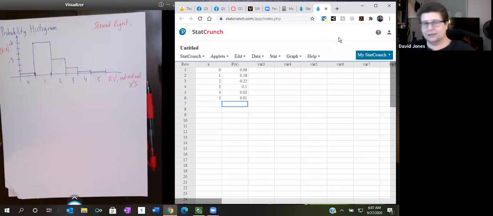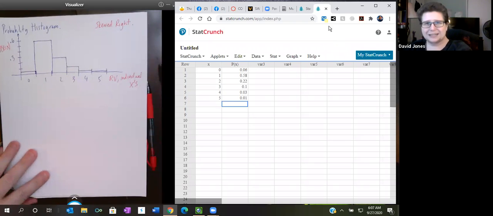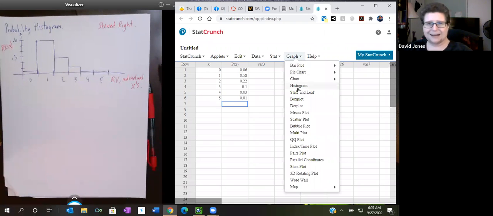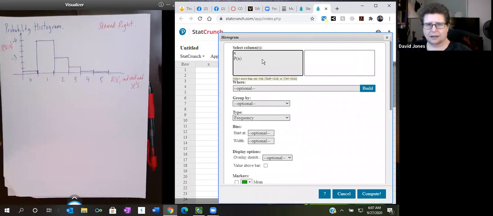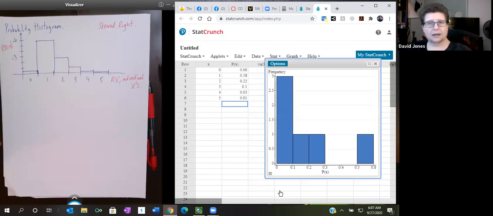As a reminder, we can look at the distribution right there as a histogram, graph histogram. We want to graph P of X. Oh, that's not doing well.